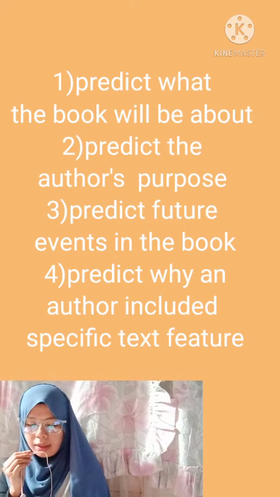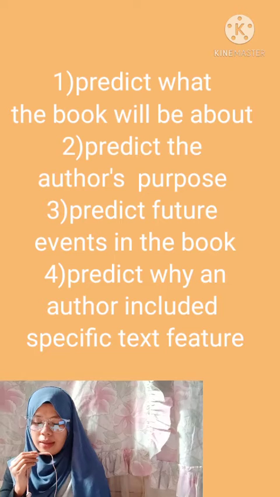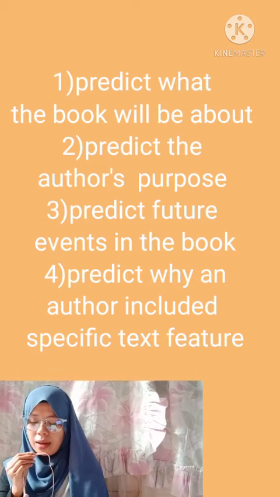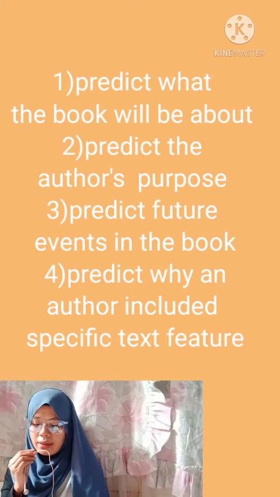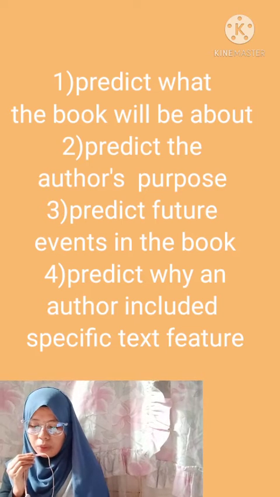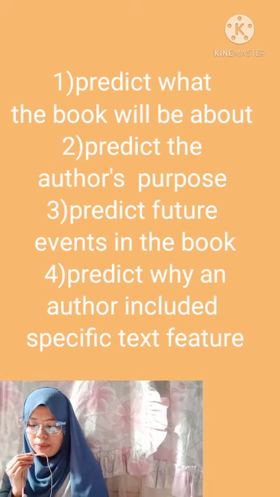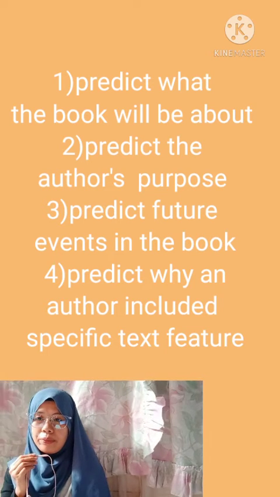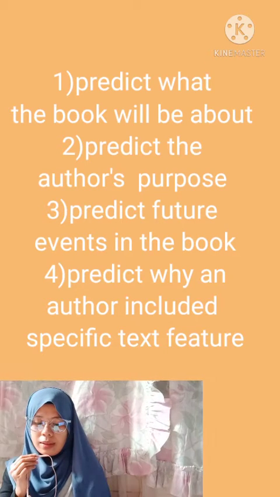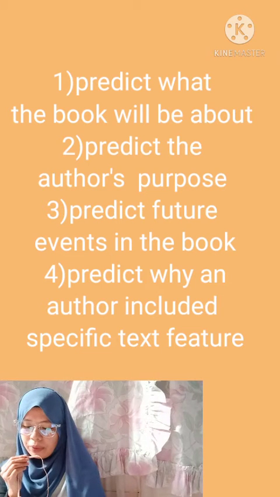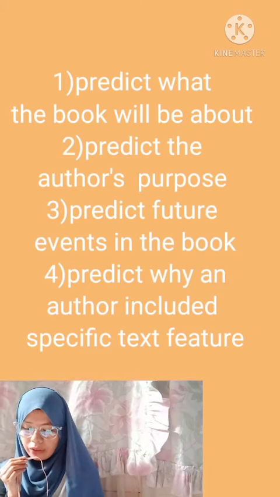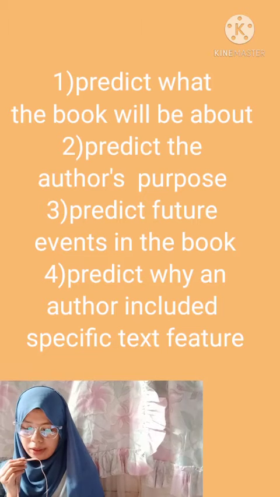There are several different kinds of prediction that a reader can make with a text. Readers can predict what the book will be about. By just reading the title of the book, you can already predict what the book is all about. Predict the author's purpose.